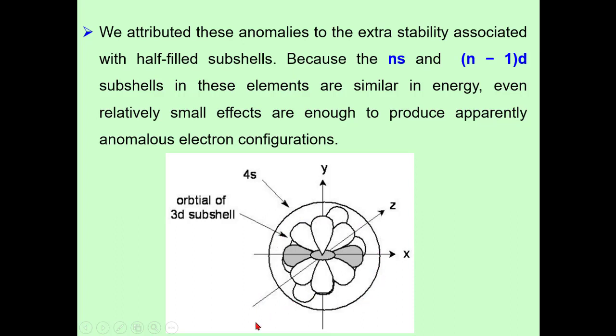For example, if we start from 1s, then 2s is bigger than 1s, then 3s is also bigger than 2s, and similarly 4s, if you see, is quite equal in size with the 3d orbital. So these 3d orbitals overlap with each other, but here they are also surrounded by the 4s orbital.